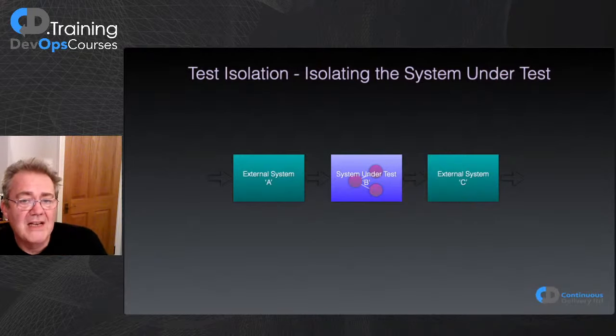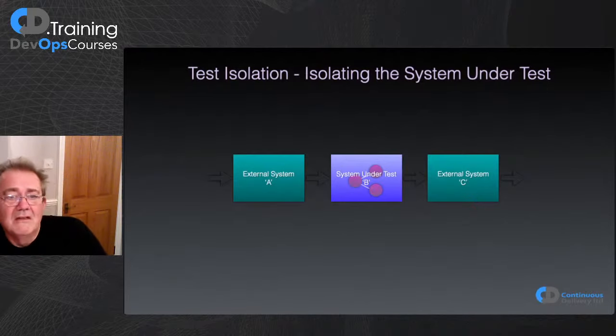Those are valid scenarios, and if we want to build good software, those are the kinds of scenarios that we'd like to be able to test system B with. But if we've got the real versions of system A and C in place, we can't test those scenarios because those systems are in our way.